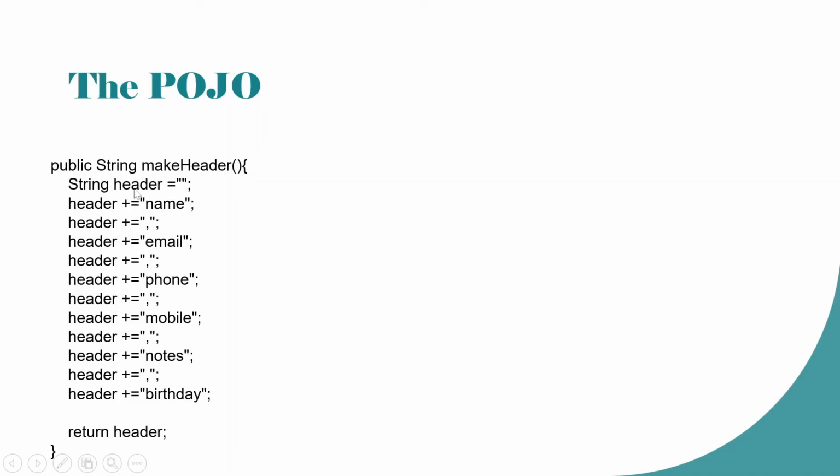So now I will declare a variable called body, and I will say body plus equals name, body plus equals email. And you will notice that I'm using a quote, comma, quote. So I'm separating these values with a comma.